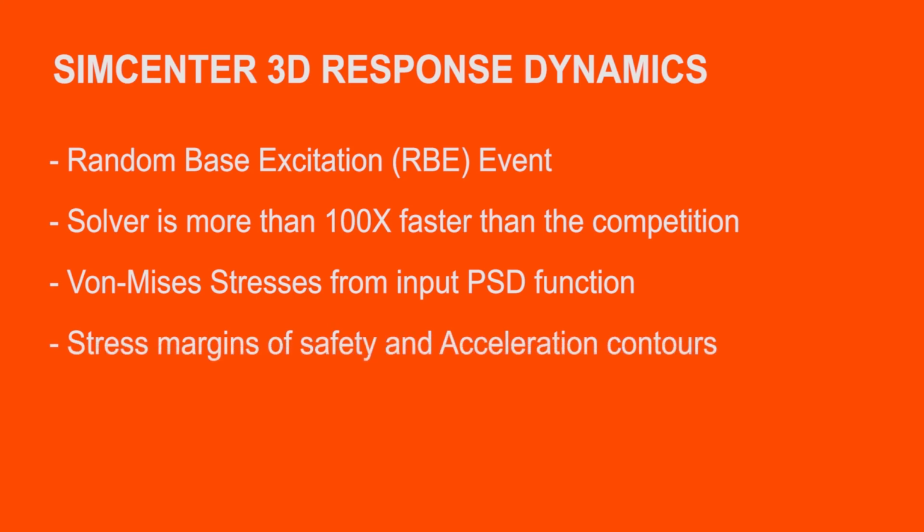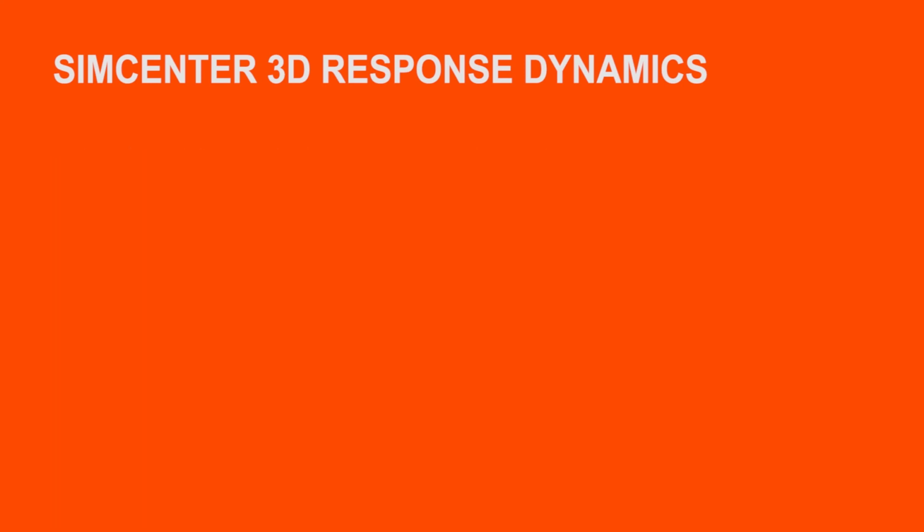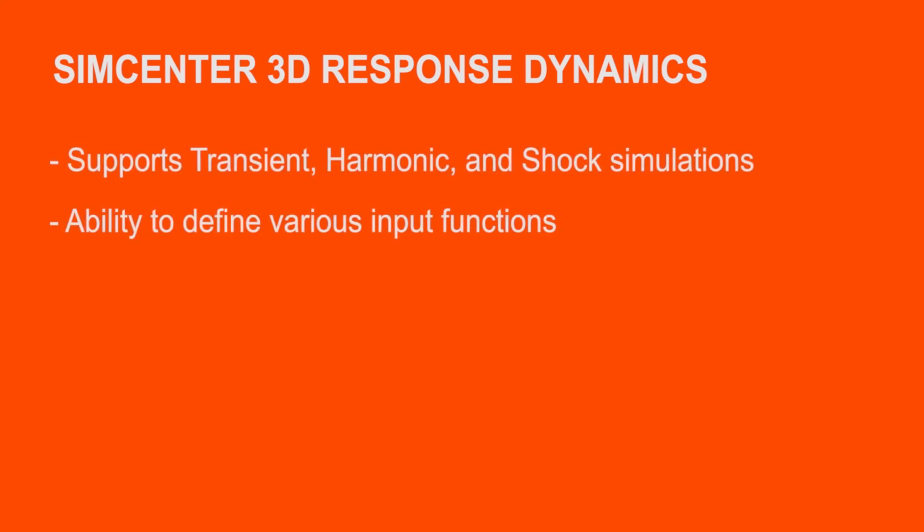We validated the notching of the input PSD function by reviewing von Mises stresses, stress margins of safety, and acceleration contours. We also looked at the PSD function results. SimCenter 3D Response Dynamics also supports transient, harmonic, and shock simulation, allowing you to create simple and complex input functions by using dedicated function tools.